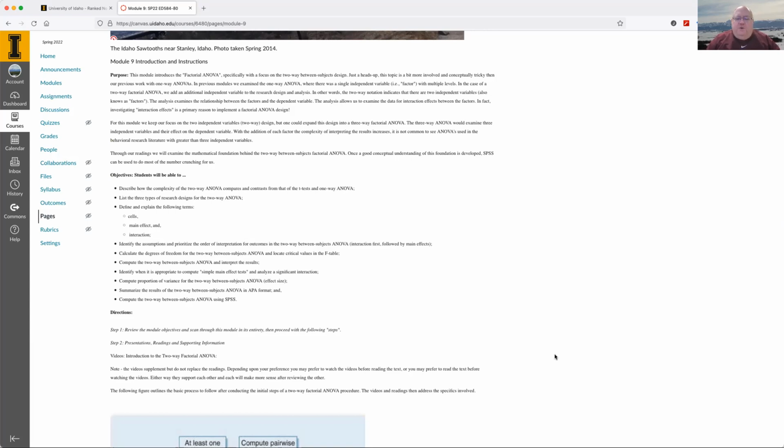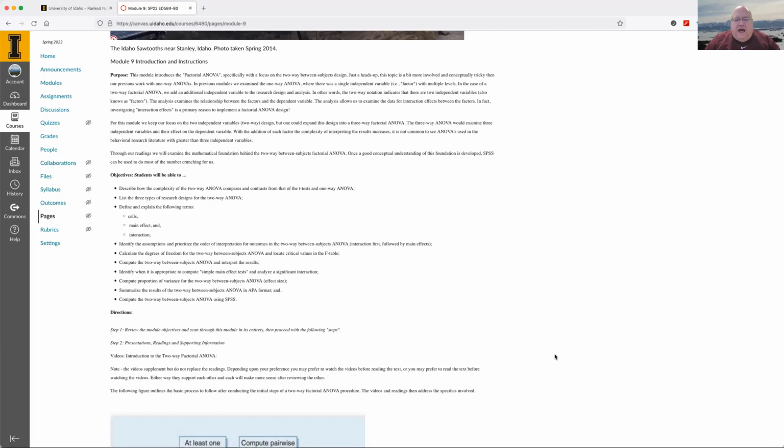In the case of a two-way factorial ANOVA, we add an additional independent variable to the research design and analysis. In other words, the two-way notation indicates that there are two independent variables, and these variables are also known as factors. The analysis examines the relationship between the factors and the dependent variable.